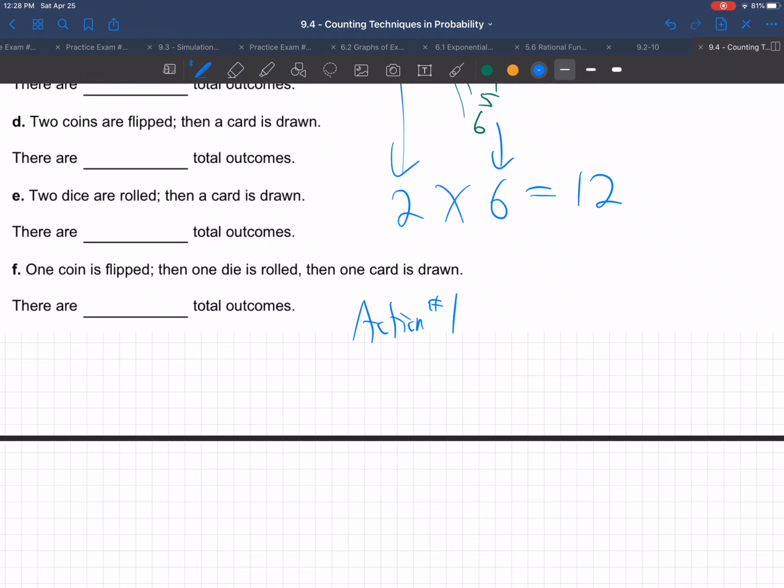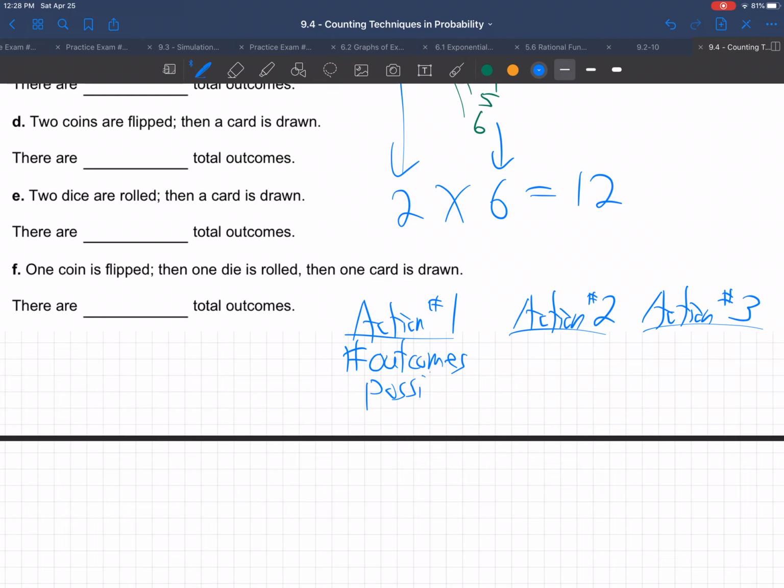action number 1, action number 2, action number 3. We only have 2 actions in this one, but sometimes there's more. So you just take the number of outcomes that are possible, and you multiply by the number of outcomes that are possible for action number 2, etc. You just multiply those together because it's just going to be a big old tree.